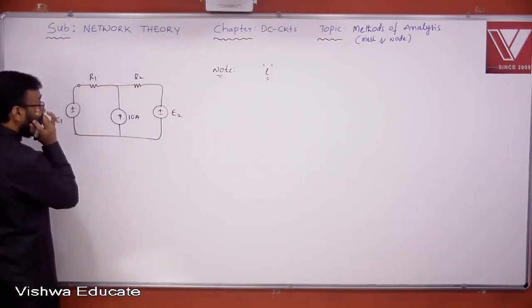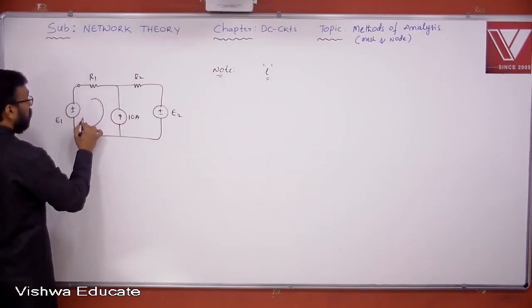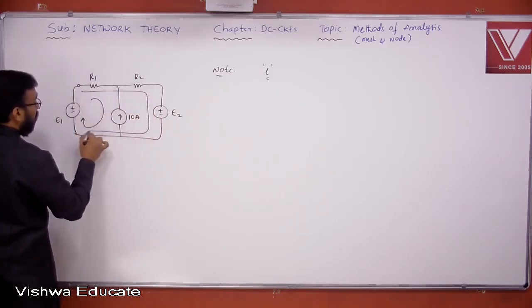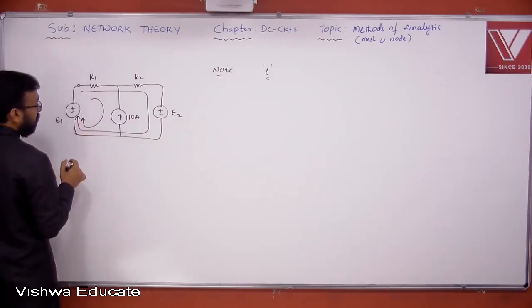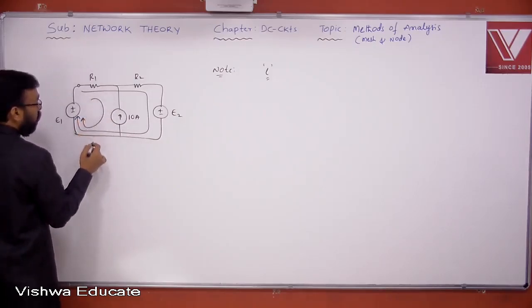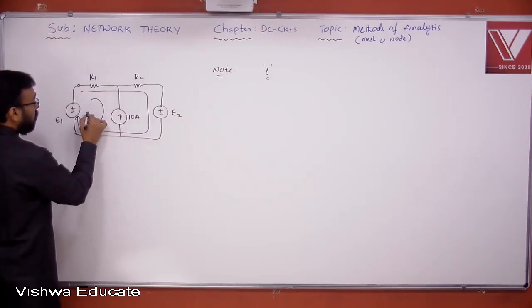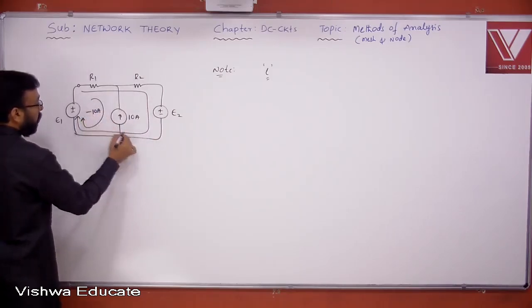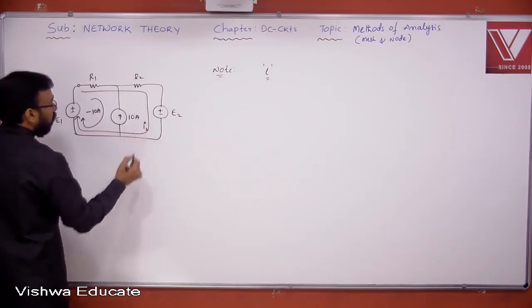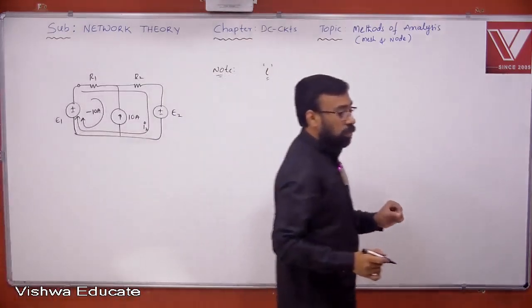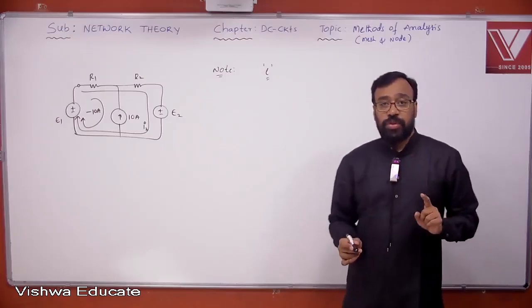If I assume the loop current like this and the second loop current like this, then what is the current flowing in this loop with this particular representation of the loop currents? It is definitely minus 10 amperes, and I do not know the value of the other one. Let me call it I2.